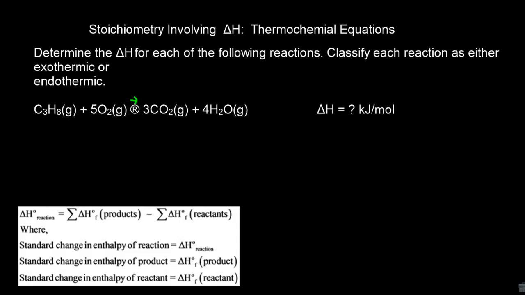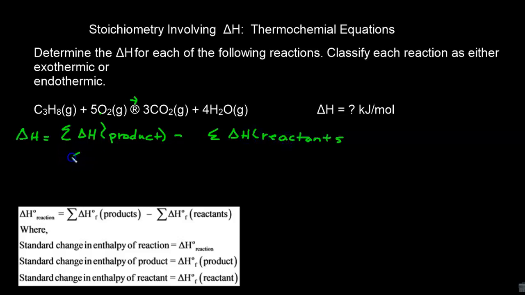Let's look at our formula again. I noted it there so we would have it easily: the sum of the delta H's for our products minus the sum of the delta H's for our reactants. As we calculate, we do the sum of the delta H's of our products. One thing you have to be careful with is the coefficients.